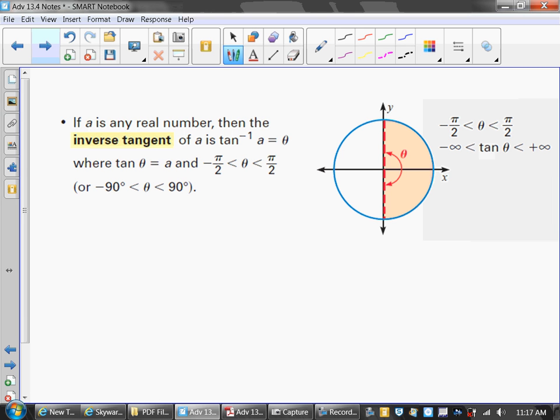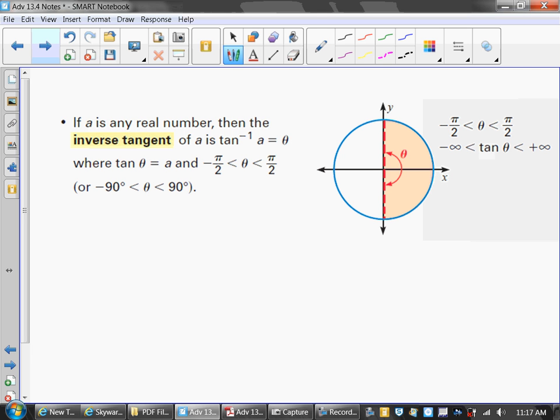Why can we not have this equal to pi over 2 or 90 degrees? Why can't I have that equal to pi over 2 or 90 degrees for tangent? What's the ordered pair at 90 degrees? 0, 1. Tangent is sine divided by cosine, so I'd be dividing by 0. That's why it doesn't work.